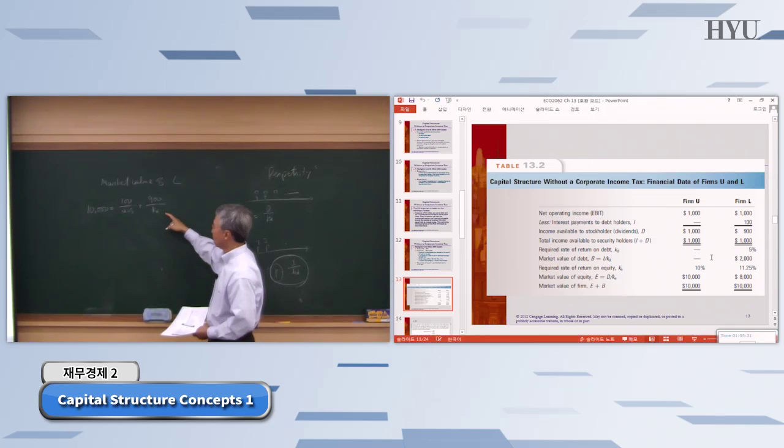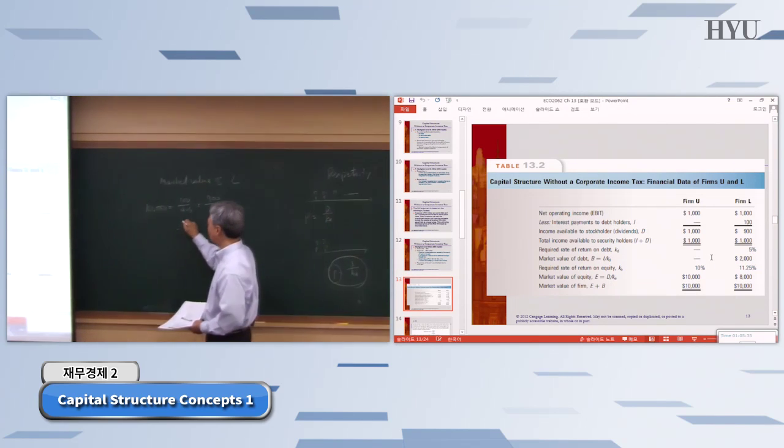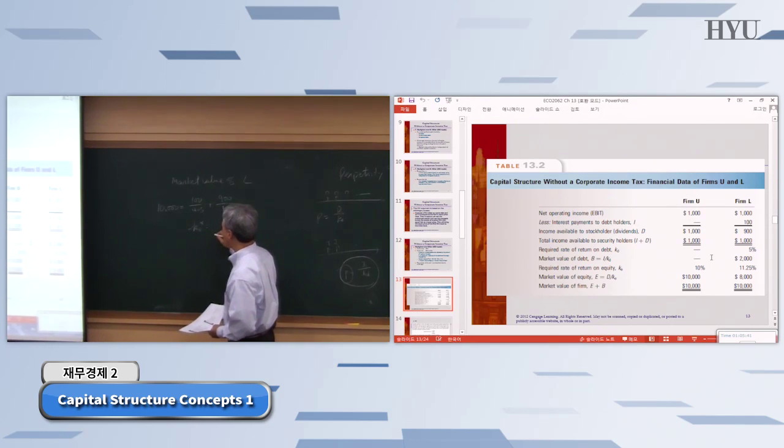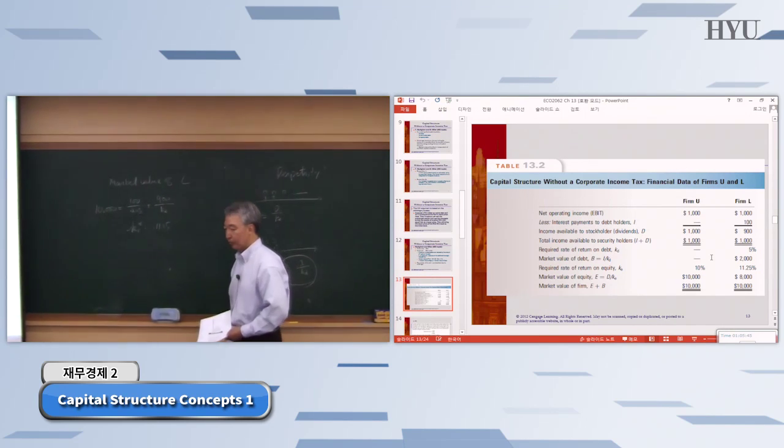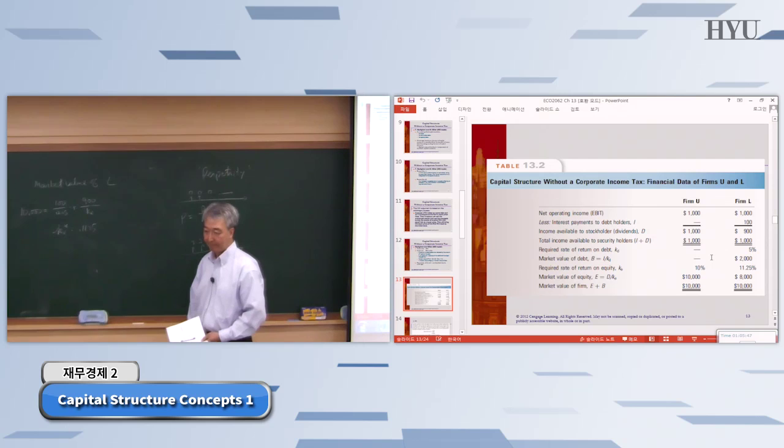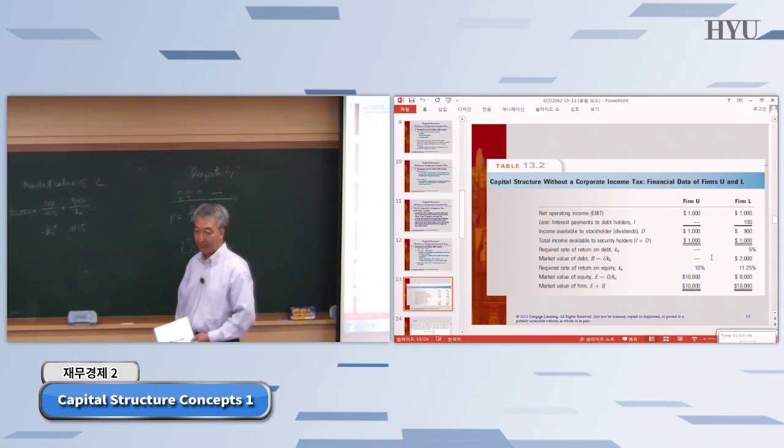If you set it this way, then you can calculate KE, which comes out to be 0.1125, 11.25%. Okay?